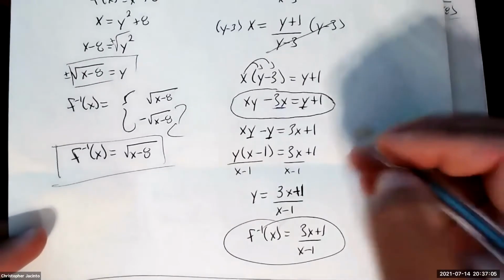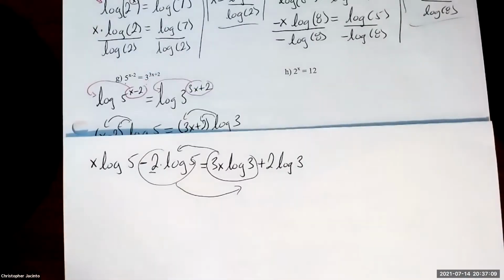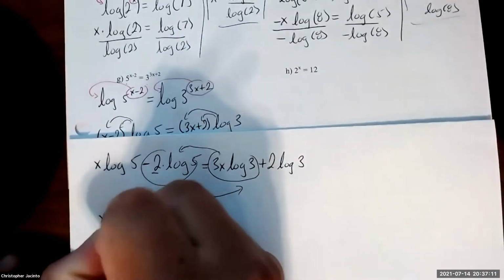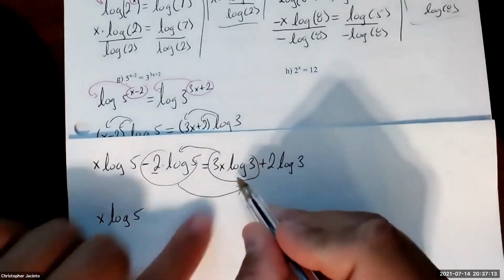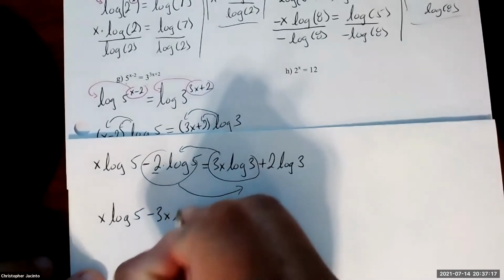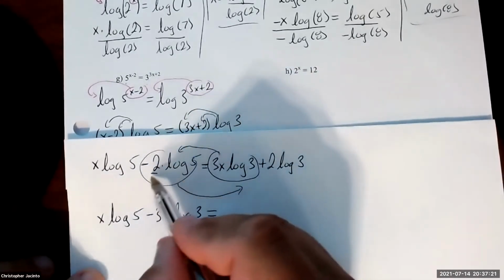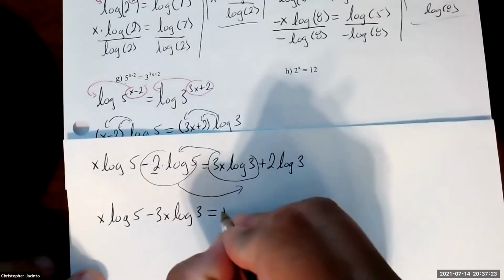And actually, I'm going to follow this exact template as well. So I'm going to have x times log 5. If I bring it to this side, it's going to be a minus now. Equals. And if I bring it to this side, it's going to be now plus.